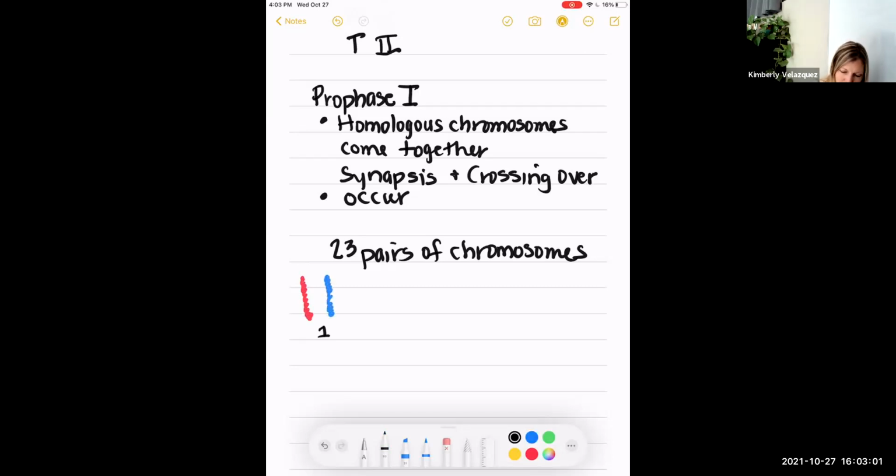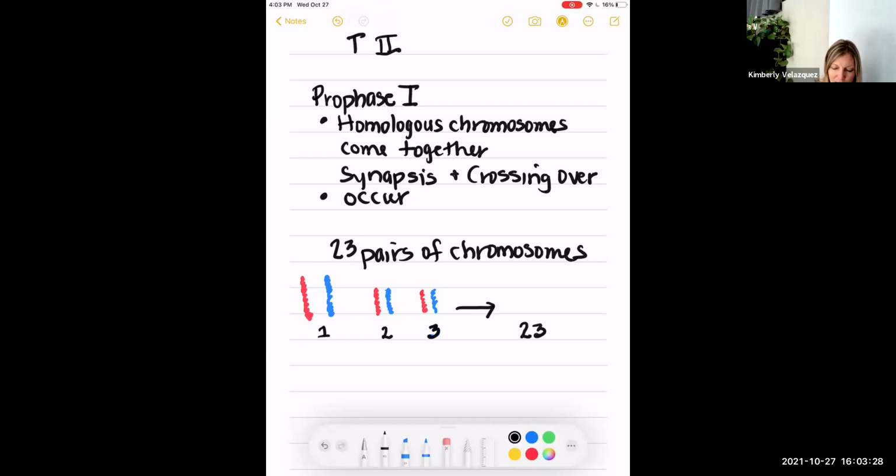And for chromosome number 2, you have one from mom and one from dad. Same for 3. And so on, all the way to number 23.